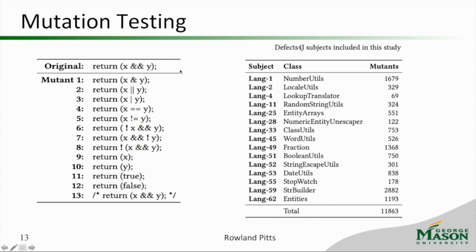The subjects that are studied in this paper create a total of almost 12,000 mutants. But it's also real-world code. These come from the Java Lang package, and I've taken them from the Defects4J suite of tests and code.